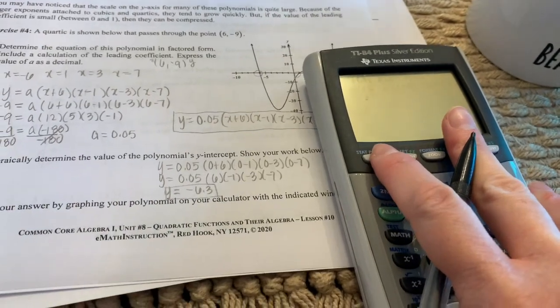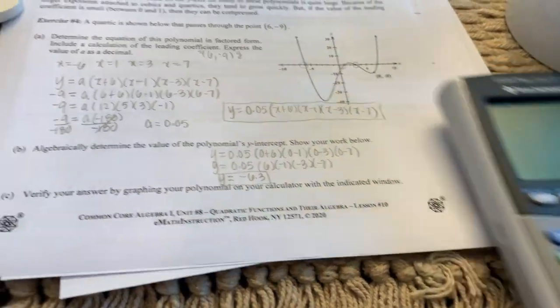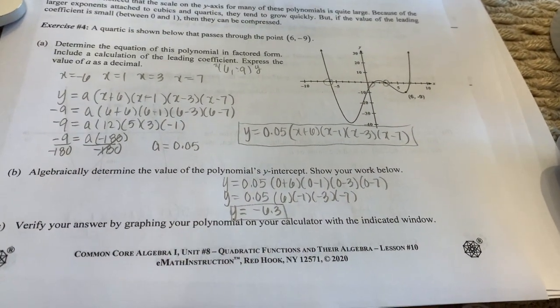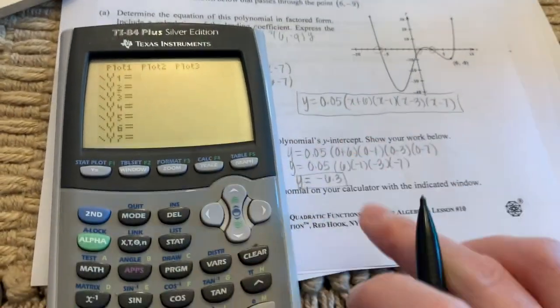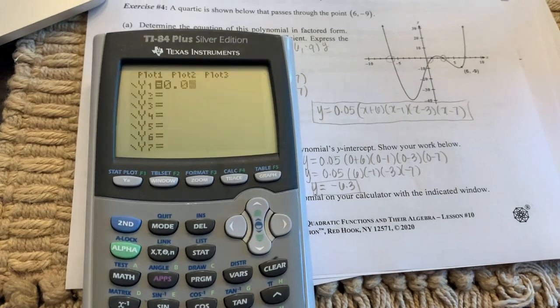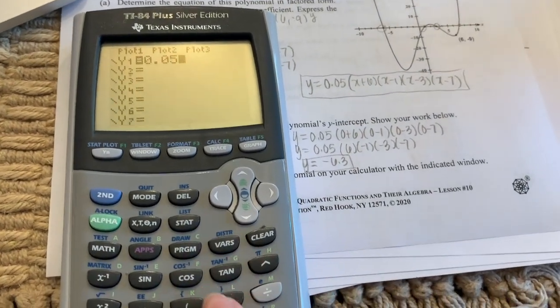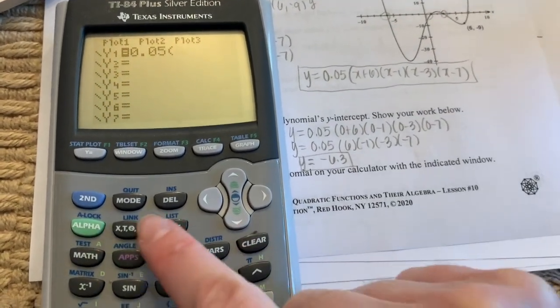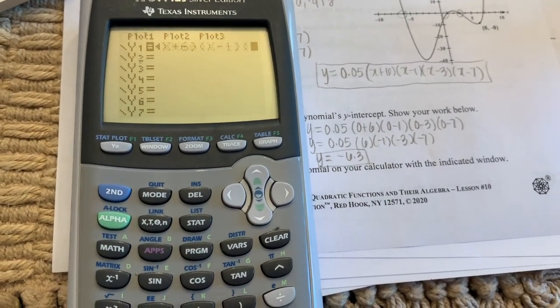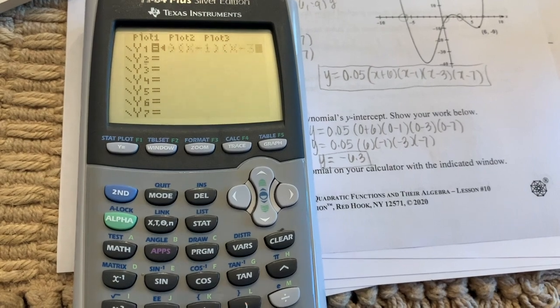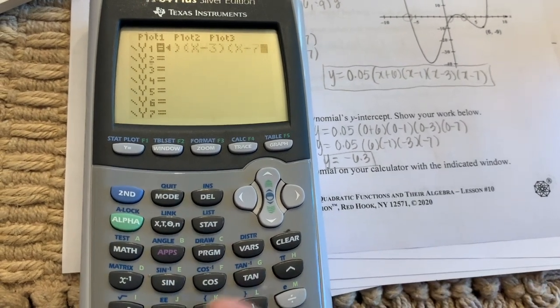And finally, to end, we're going to verify our answer by graphing the polynomial with that window. So you're going to put in your function, 0.05, parentheses, x plus 6, x minus 1, x minus 3, x minus 7.